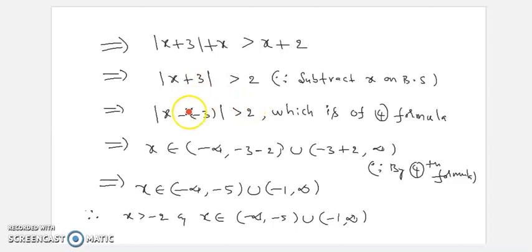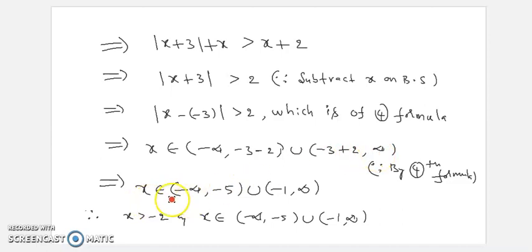This can be written as modulus of x minus of minus 3 greater than 2, which is of the form of the fourth formula. From that formula, we directly write x belongs to open interval minus infinity comma minus 3 minus 2 union open interval minus 3 plus 2 comma infinity.